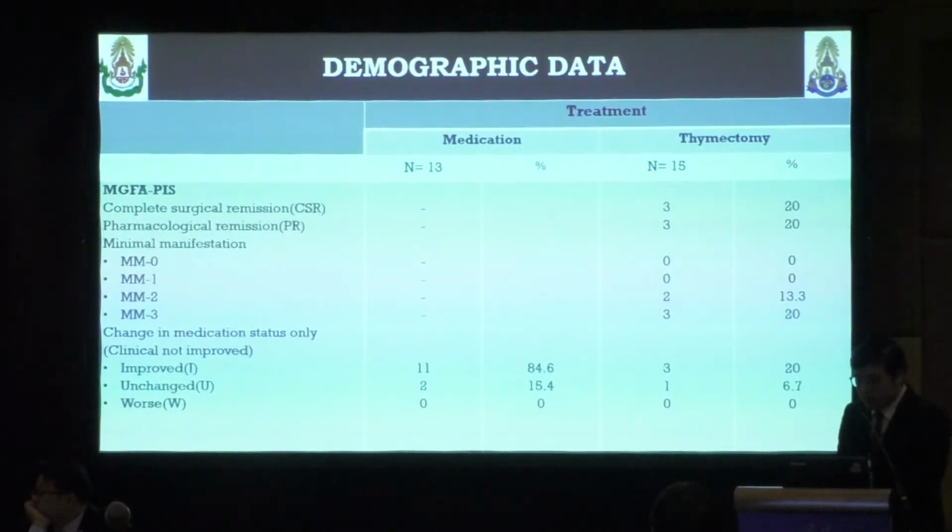After the treatment, we used the MGFA post-intervention status, and we found that 3 patients from thymectomy had complete stable remission, 3 patients from thymectomy had pharmacological remission, and the others had minimal manifestation at MM2, MM3, while in the medication group, there was no clinical improvement.